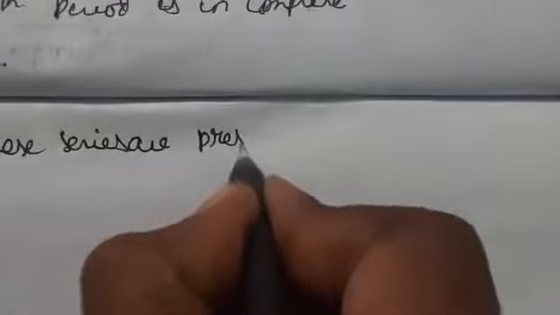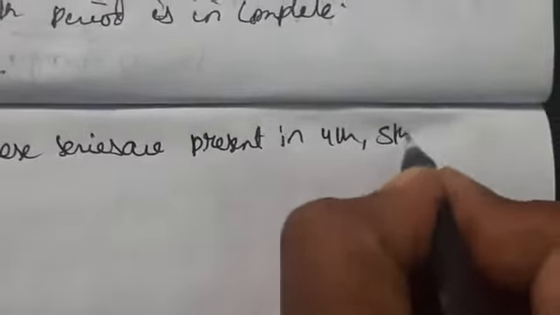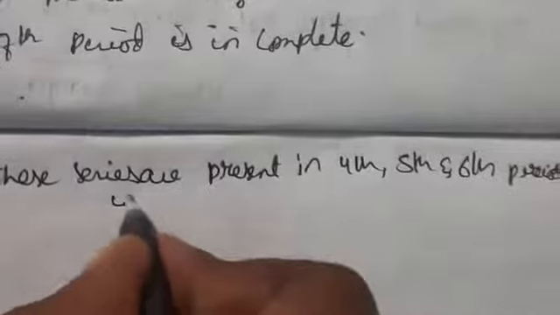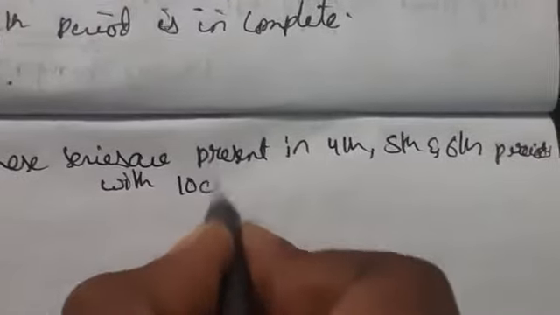These series are present in the 4th, 5th and 6th periods. Each series is having 10 elements.